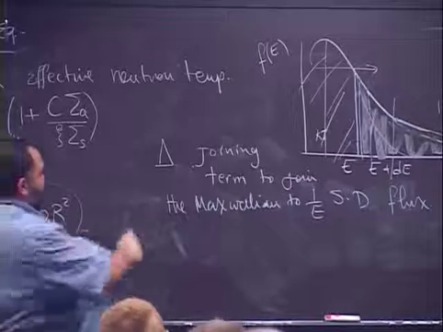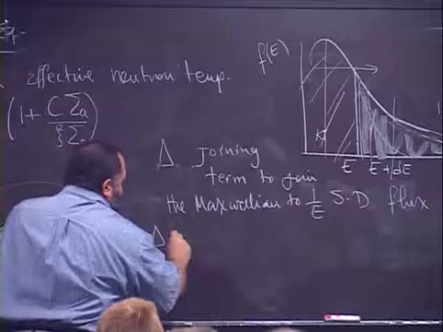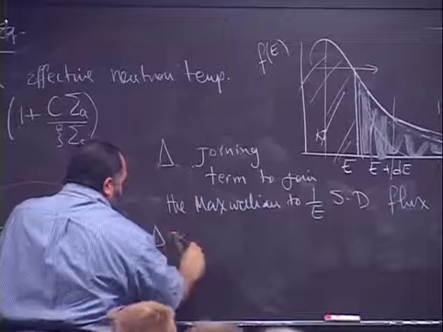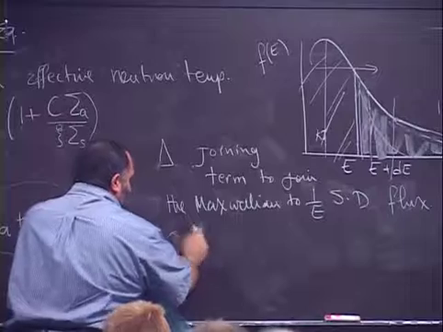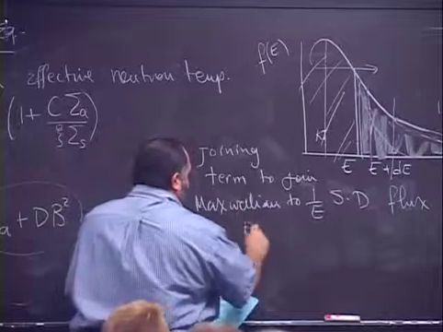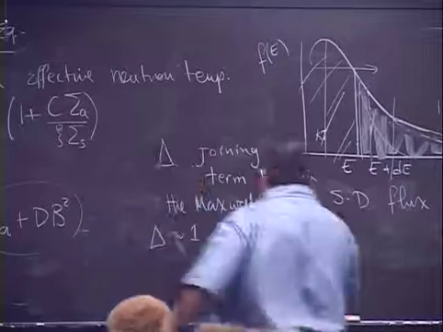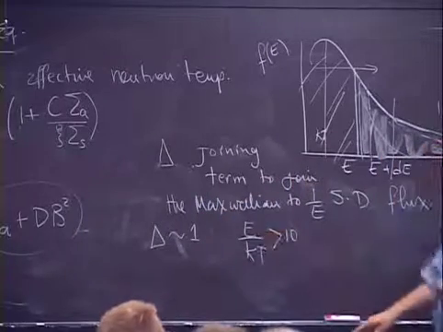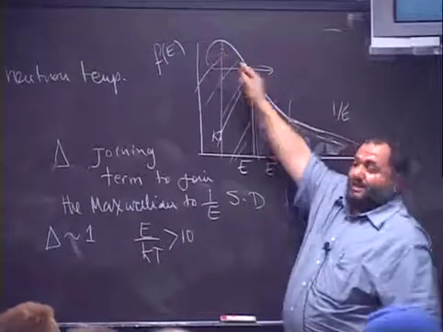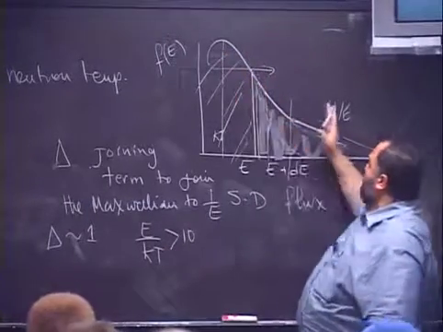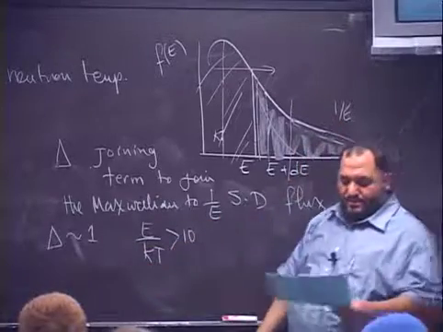And this term, the delta, is nearly 1 when the energy E over kT is greater than 10. So if your energy over the most probable energy is 10, that you are 10 times this energy, maybe here, this delta will go to 1.